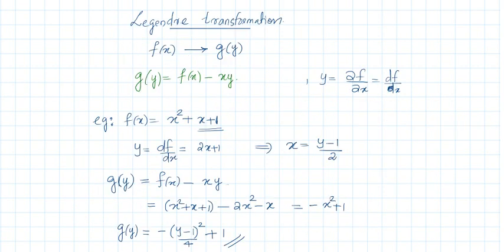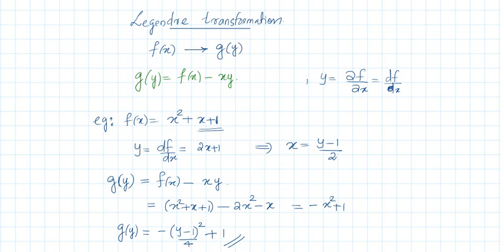And that is again a mathematical technique, and that is known as Legendre transformation. So I will explain what is meant by Legendre transformation first. Then we will move on to how we can transform the Lagrangian into the Hamiltonian.